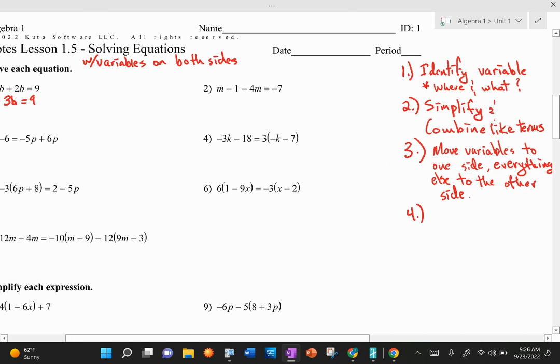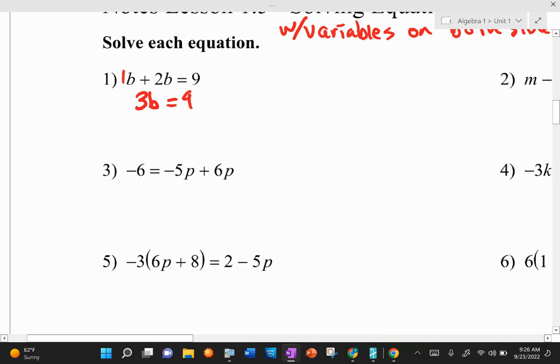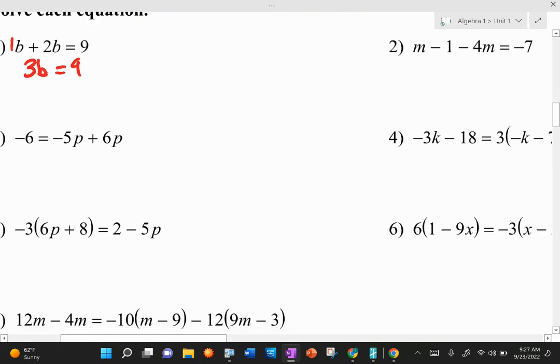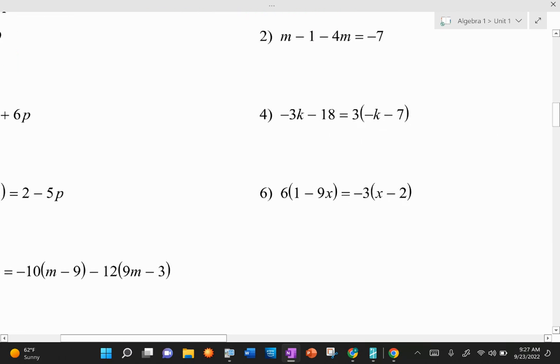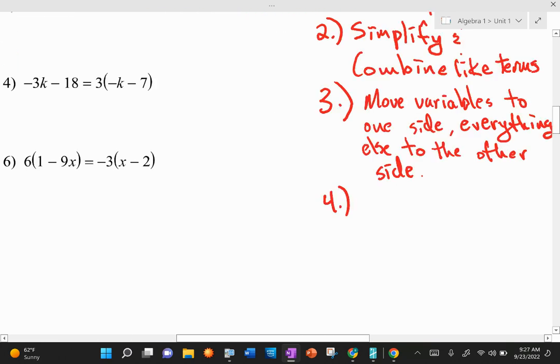In order to do that, you might have to do some shifting. Now, on this first problem, we don't necessarily have that, but we will have that on a couple problems later on. So what's our last step is just to, yes, you're getting the variable by itself by performing inverse operations. What does inverse operations mean? Yeah, opposite operations, exactly.